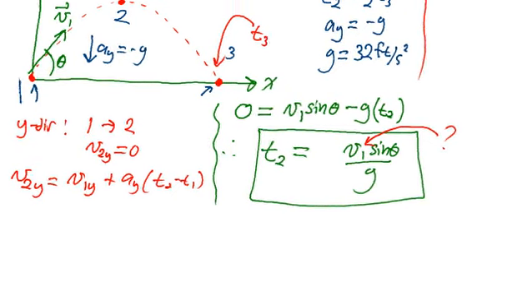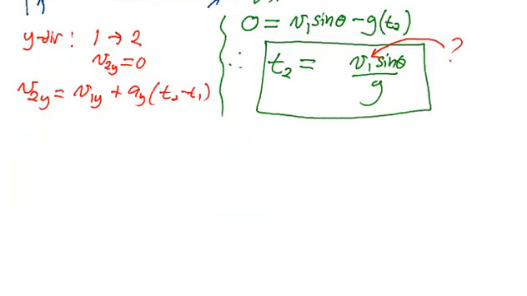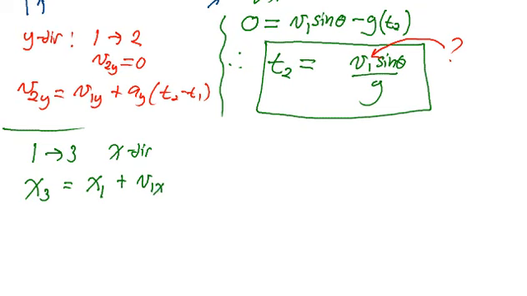So let's move our paper up so we have a little bit of work. I'm not exactly sure which way to go, but we only really have one equation in the x direction that can be helpful because there's no acceleration. So we might as well go all the way from point 1 to point 3 in the x direction. That means x3 is equal to x1 plus the velocity in the x direction times the quantity t3 minus t1.